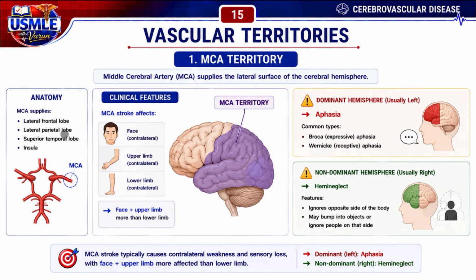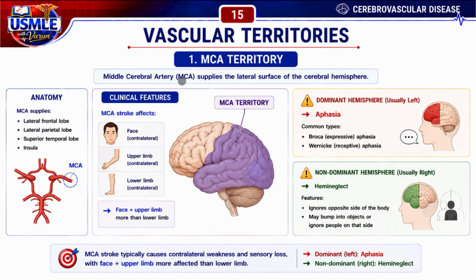It supplies the face and the upper limb more commonly than the lower limb. If the dominant hemisphere is affected, this could lead to aphasia. If the non-dominant hemisphere is affected, this could lead to neglect of one side of the space, called hemi-neglect. This is one of the most tested stroke patterns on the USMLE.